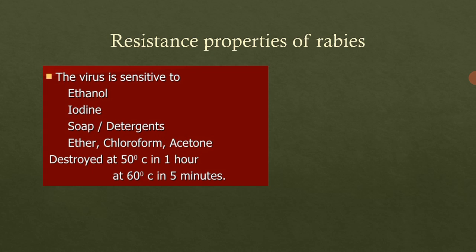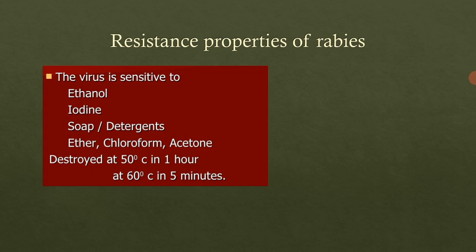Then it can also be destroyed at 50 degrees Celsius for 1 hour, and by heating at 60 degrees Celsius for 5 minutes. If we want to store this virus, it can be preserved at minus 70 degrees Celsius or with the help of lyophilization. What is lyophilization? It is storage at very low temperature.